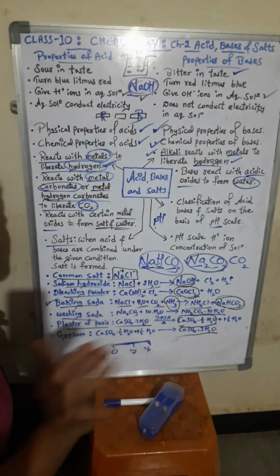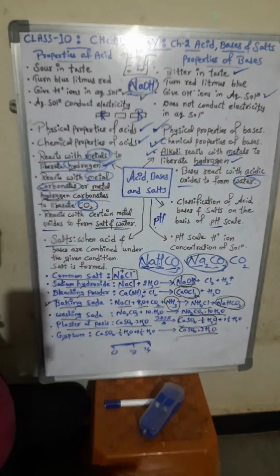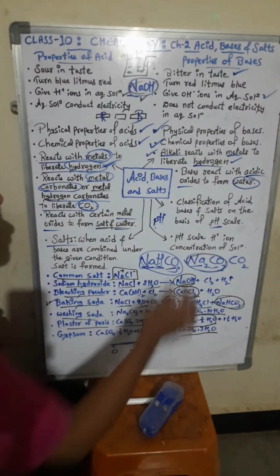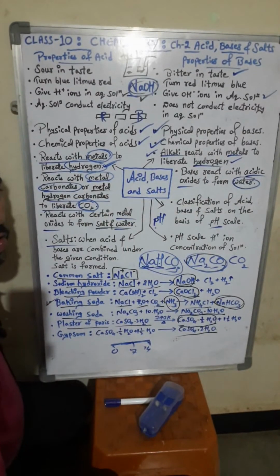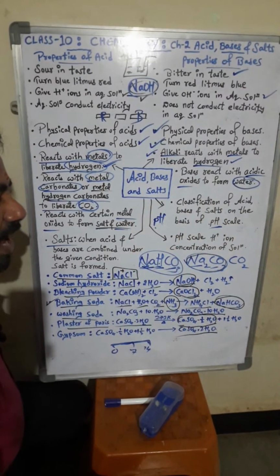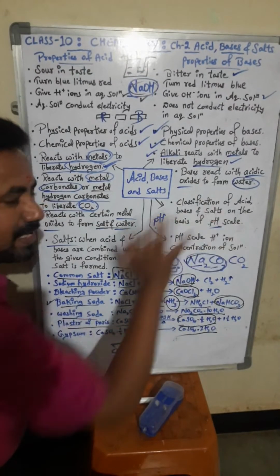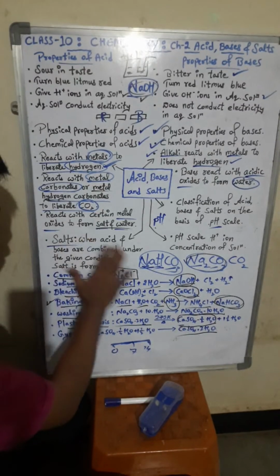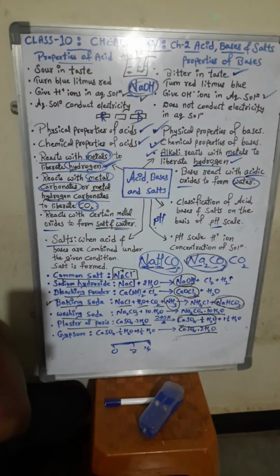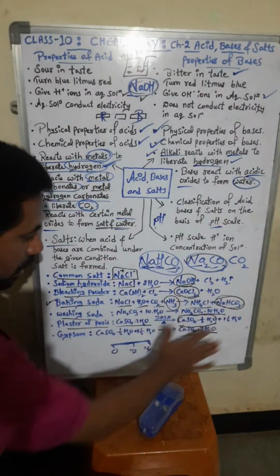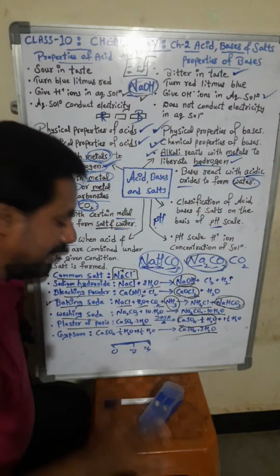We will study physical and chemical properties of bases. When alkalis react with metals, what happens? When bases react with acidic oxides, what will happen? We will study classification of acids, bases and salts on the basis of the pH scale. What do you mean by salts and some common salts? All these we are going to study in this chapter in detail, students.